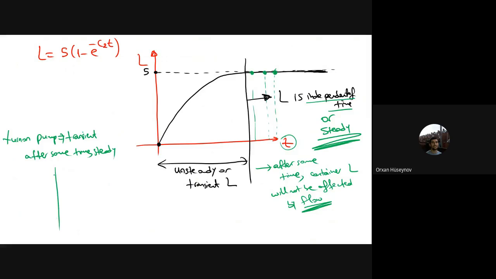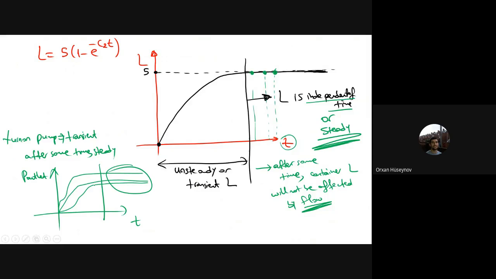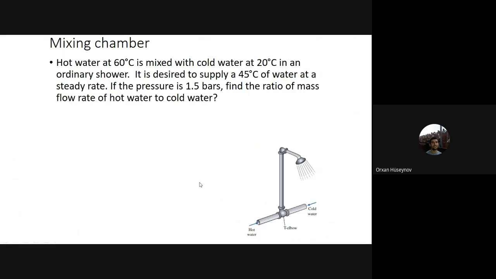If you look at the outlet pressure of the pump with respect to time, at the beginning you can have something like this, but then it will be constant. These parts that we are looking for are the parts that we analyze in thermodynamics.